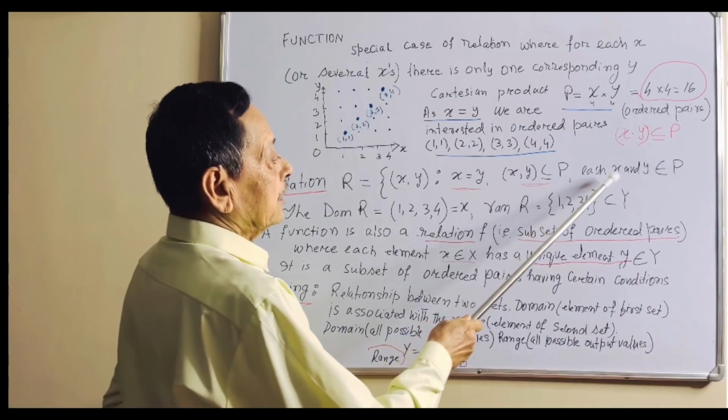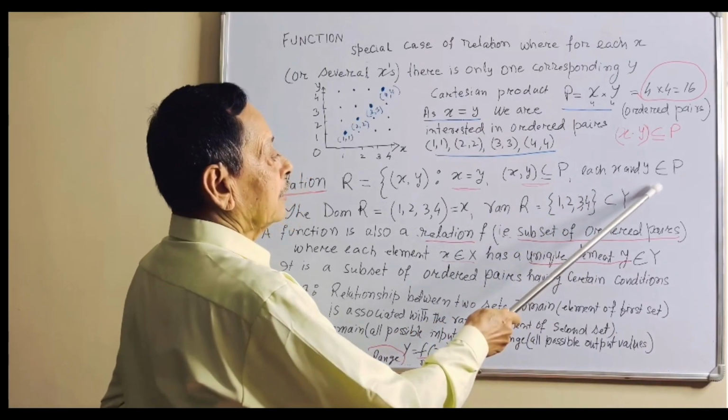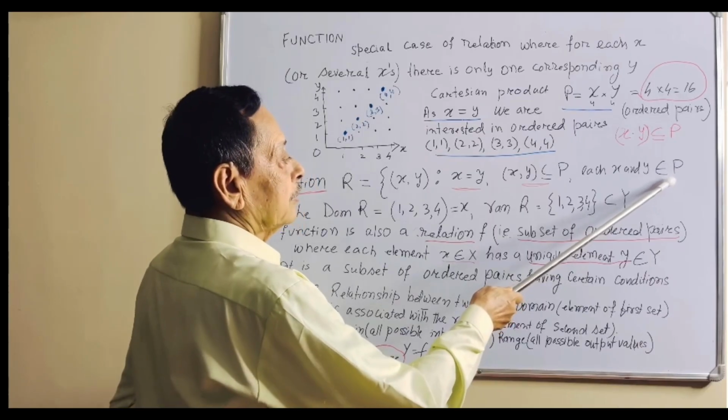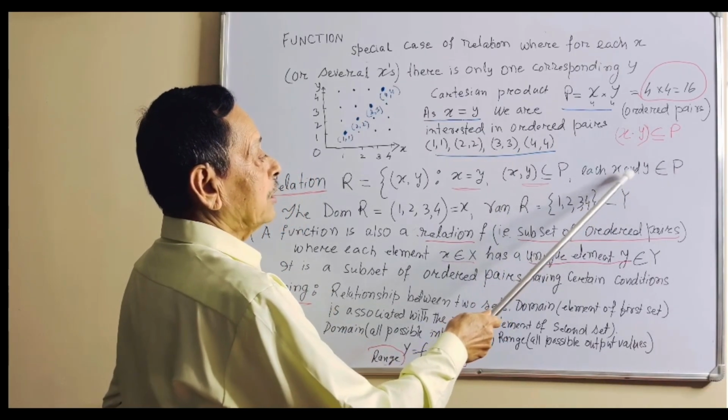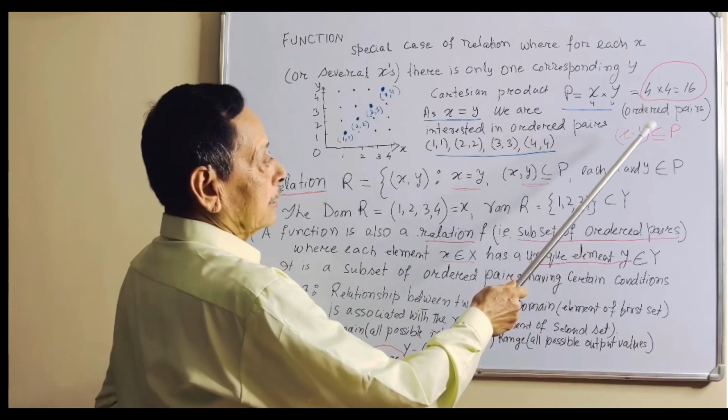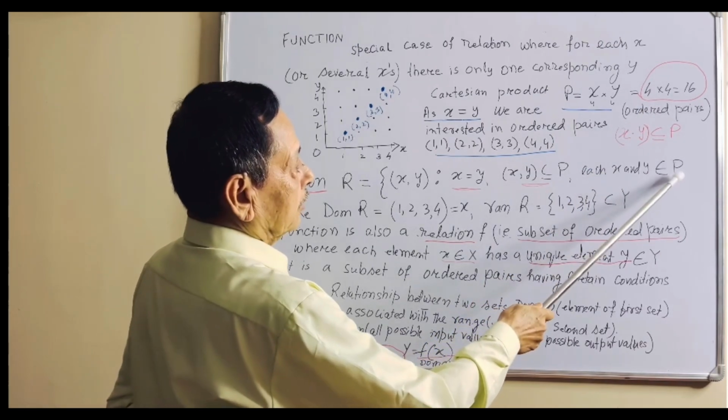So each x and y is included in P. So this is epsilon, they are the elements of the Cartesian product P.